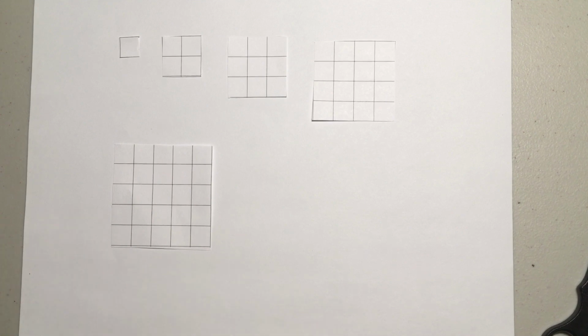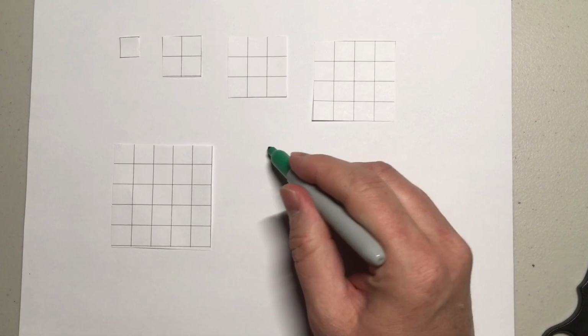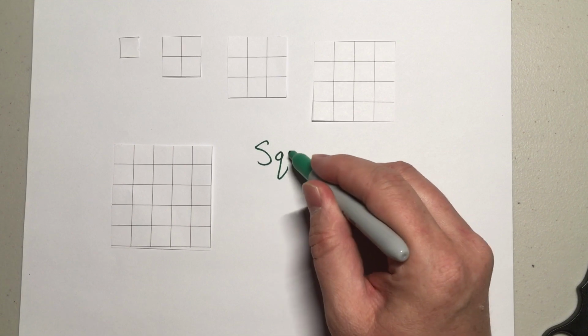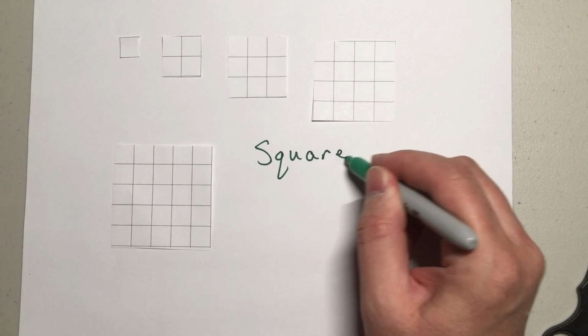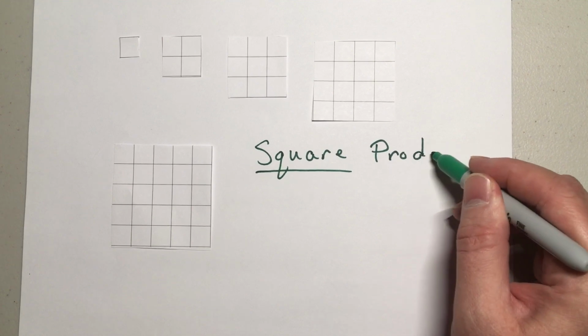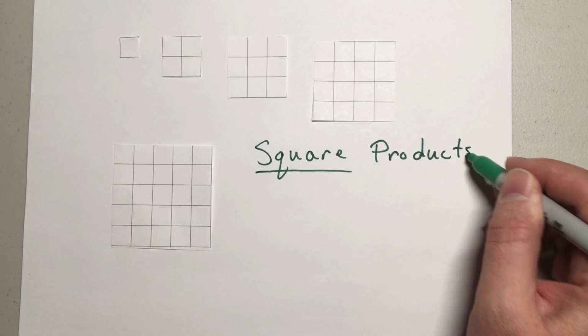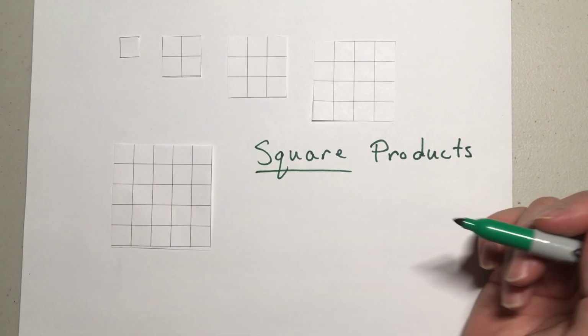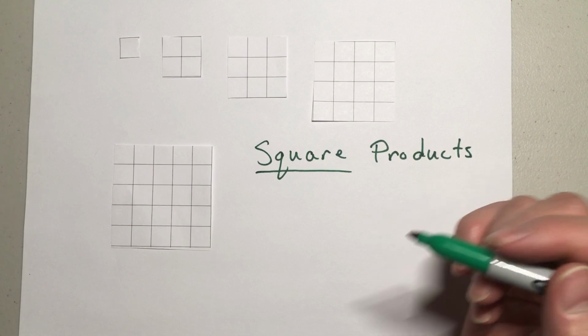Okay, now these are called square products. And the reason they're called a square product is because it makes a square shape.